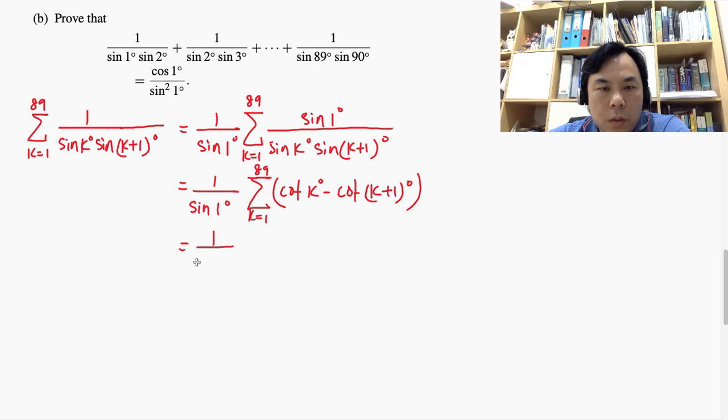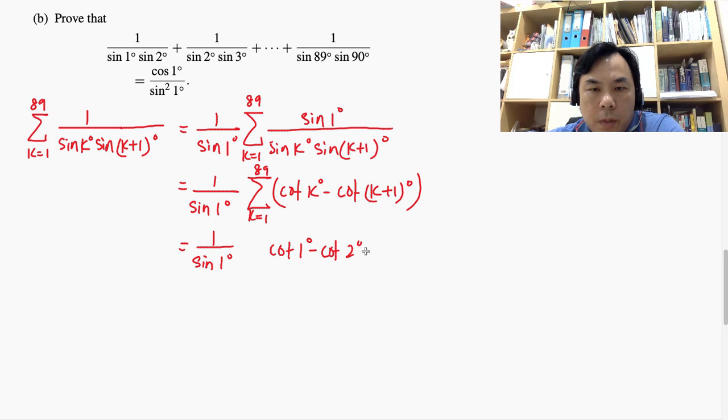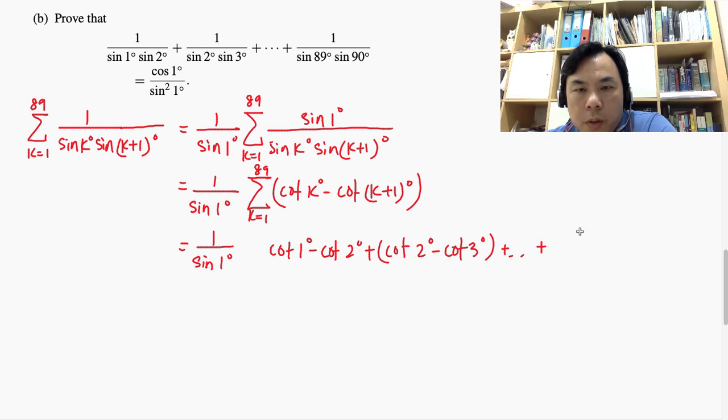Okay, so that is basically the same as, you'll notice, cotangent 1 degree, and then subtract cotangent 2 degree, and then after that plus cotangent 3 degree, and so on and so forth until we have cotangent 89 minus cotangent 90 degree.